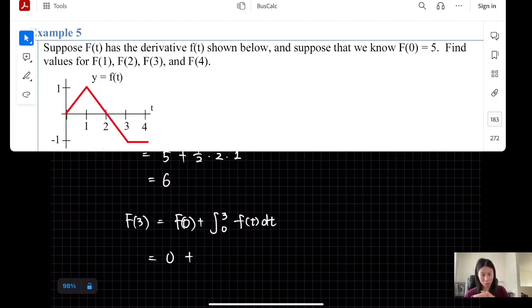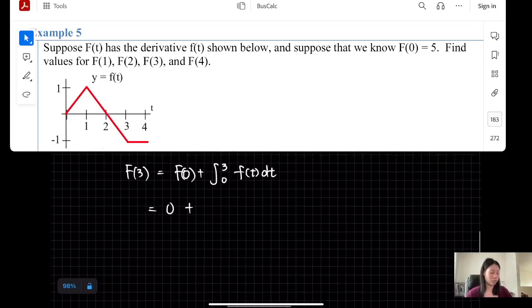That means you need to subtract that area. So I will have 1/2 times 2 plus 1, the positive area, minus the negative area, which is 1/2 times 1 times 1, plus, oh, not 0, I'm sorry, f of 0 equals 5. 5 plus 1 minus 0.5, which is 5.5.